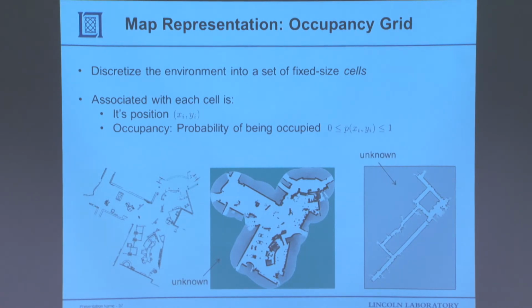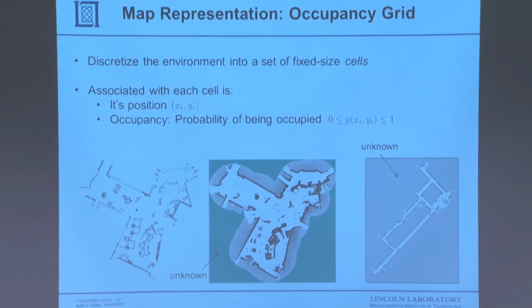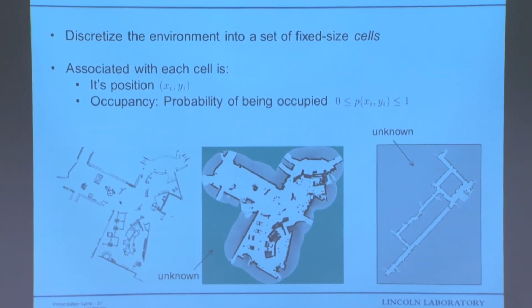But a very popular way is to use what is called occupancy grids. An occupancy grid is, you can kind of think of it like a picture of the environment, where each pixel or each cell in the environment has a particular value associated with your robot's understanding of whether that cell is occupied by some object, or free from being occupied.